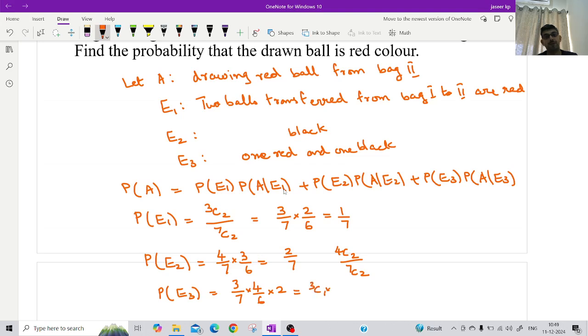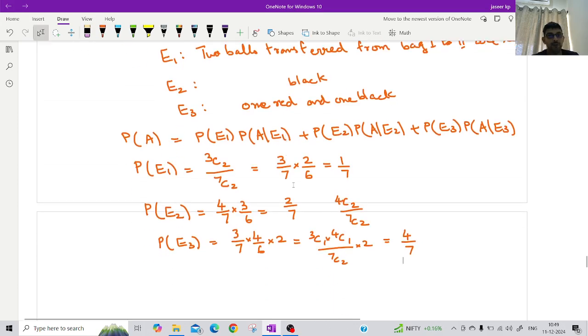So 3C1 into 4C1 divided by 7C2 into 2, that is the positions will get interchanged. So that means the answer here will be 4 by 7. So these are P of E1, P of E2, P of E3.